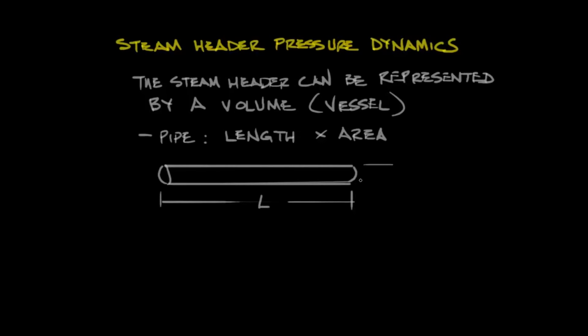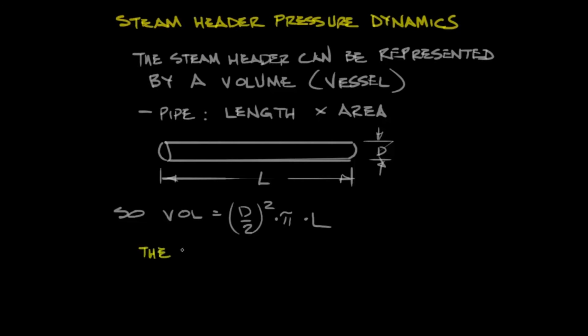So we'd have a total length of pipe from the steam generator to the inlet of the turbine with some diameter. So that allows us to calculate the volume. Pretty straightforward. I think you probably learned that in 6th or 7th grade.